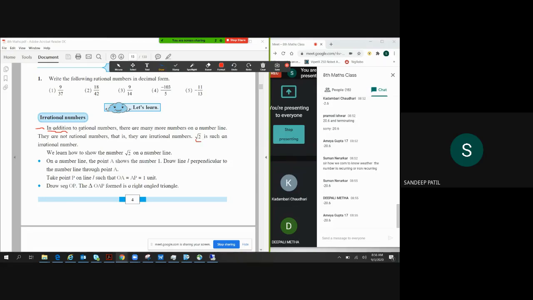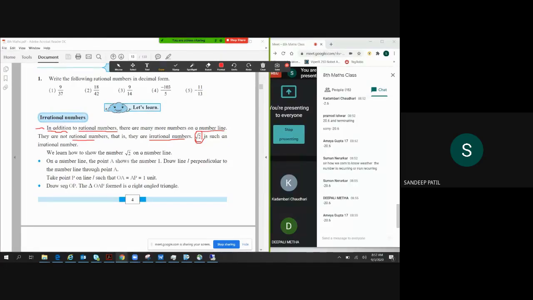रॅशनल नंबर्स तर आपण बघितले, पण रॅशनल नंबर शिवाय सुद्धा काही नंबर्स असतात नंबर लाईनवर. They are not rational numbers, मग त्यांना काय म्हणायचं असतं, irrational number. So these are called irrational numbers. Root of 2 means you might have seen all this, but I am just giving it here.